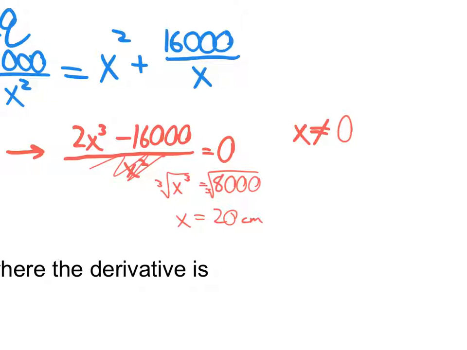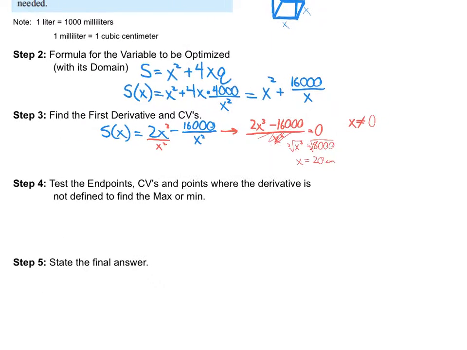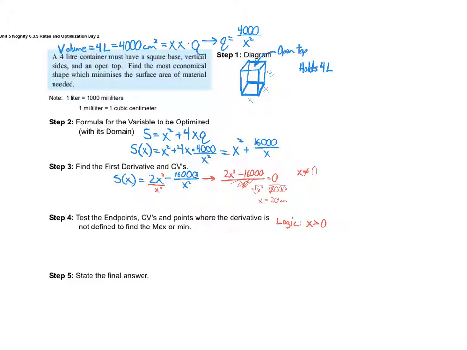Now, this is where the sign diagram can come in handy. Realistically speaking, we already said x cannot be 0, and we also know x can't be negative. So as you're thinking about this logically, x has to be greater than 0, but q also has to be greater than 0.